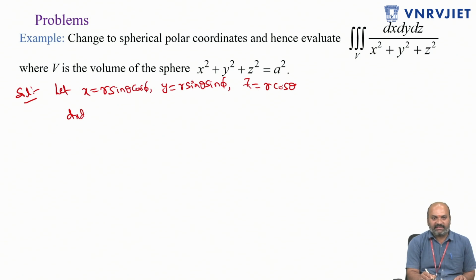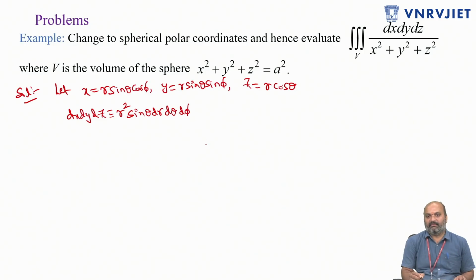Along with this, dx dy dz equals the Jacobian times dr dθ dφ. The Jacobian here is r² sin θ, so dx dy dz = r² sin θ dr dθ dφ.